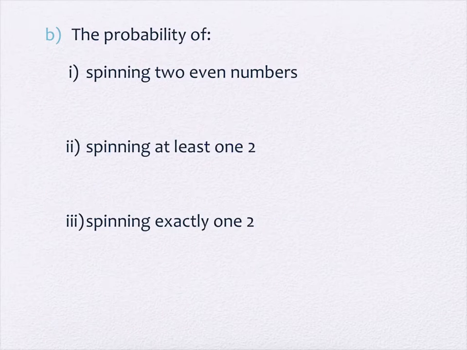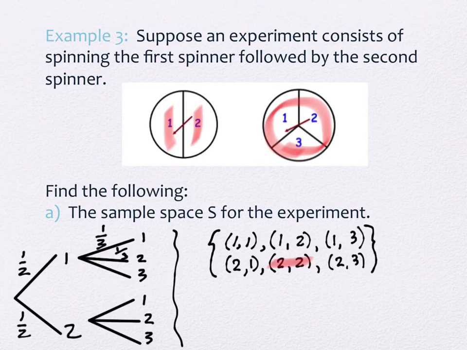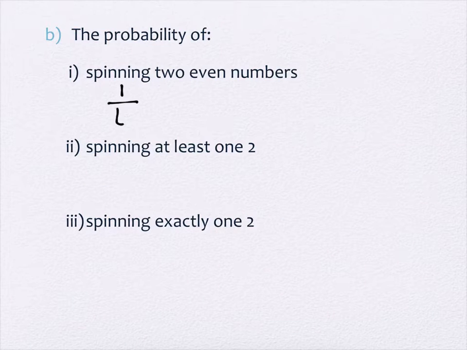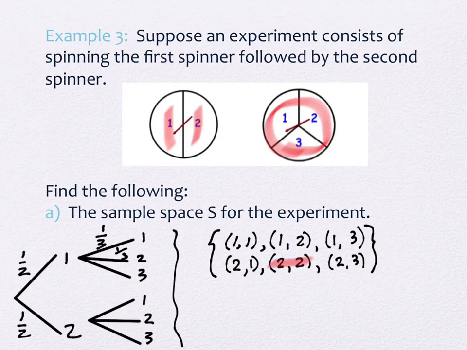The 2, 2. So if I'm looking at even numbers from that sample space picture, this is 1 out of how many choices were there over here? 6. So you can do 1 out of 6. If you're looking at it from the tree diagram, you're looking at spinning a 2 and then a 2, and if you multiply along those branches, you get 1/2 times 1/3 is 1/6. Okay, so they match.